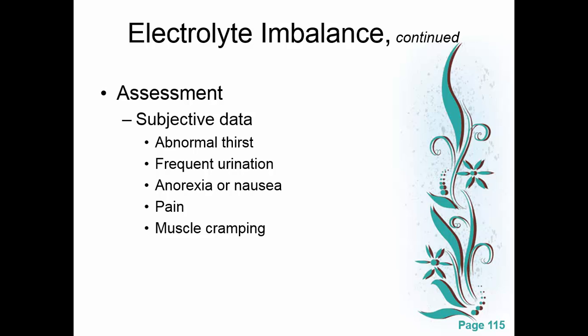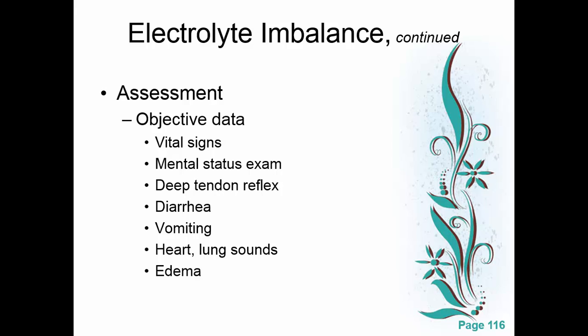Subjective data would be looking at abnormal thirst, frequent urination, anorexia or nausea, pain, muscle cramping, diarrhea. Objective data is going to include vital signs, mental status, examination of deep tendon reflexes, presence of diarrhea or vomiting, heart and lung sounds, assessing for edema.